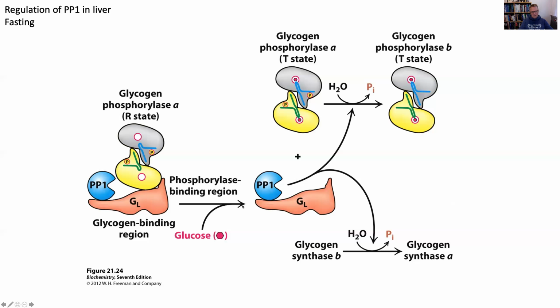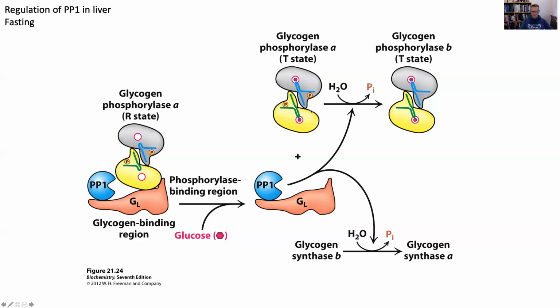And that makes good sense, because when the concentration of glucose increases in the circulation, we're not interested in degrading glycogen, but we are interested in synthesizing glycogen.